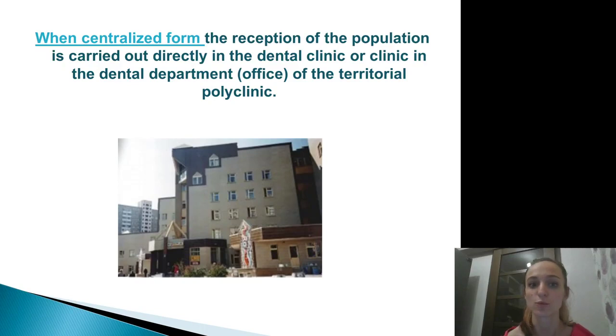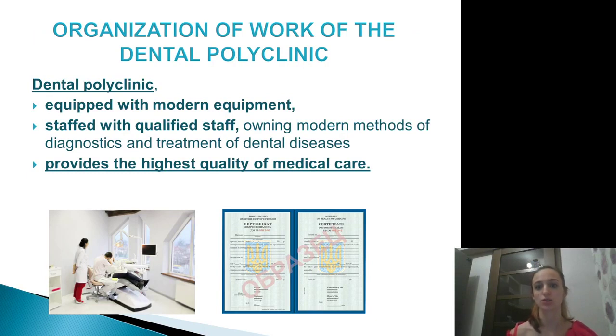In the centralized form, the reception of the population is carried out directly in the dental clinic or in the dental department or dental office of the territorial polyclinic. The dental polyclinic is equipped with modern and very good equipment, next one, qualified staff, and provides the highest quality of medical care.